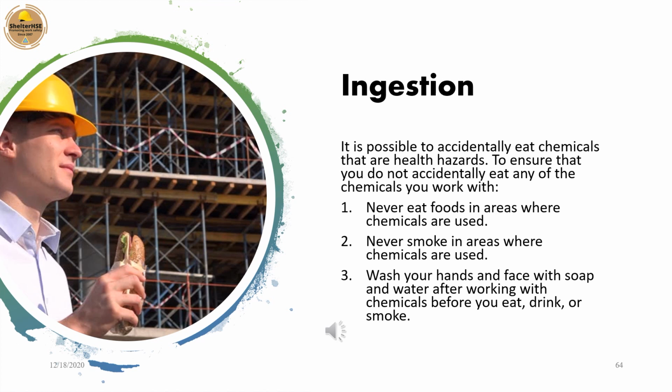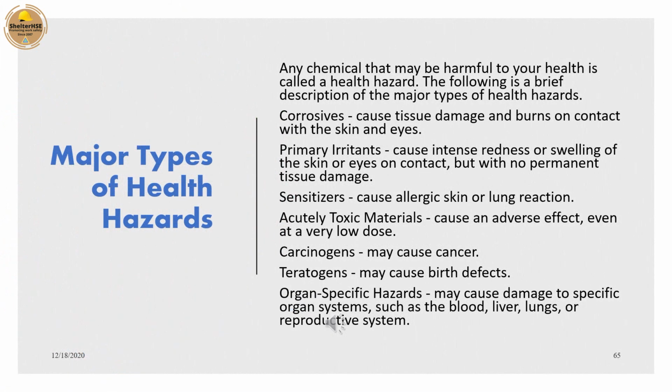Any chemical that may be harmful to your health is called a health hazard. The following is a brief description of the major types of health hazards. Corrosives cause tissue damage and burns on contact with the skin and eyes. Primary irritants cause intense redness or swelling of the skin or eyes on contact, but with no permanent tissue damage.